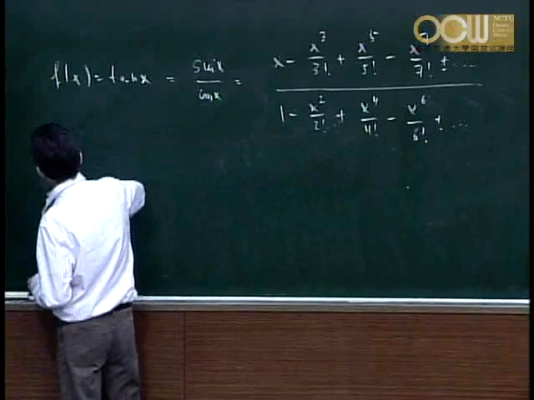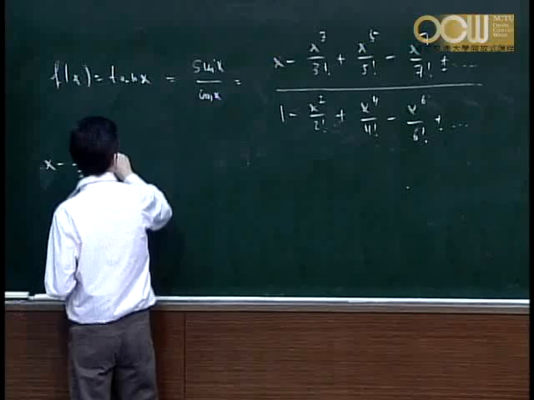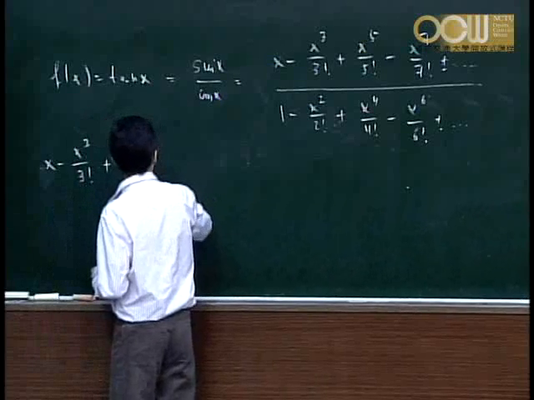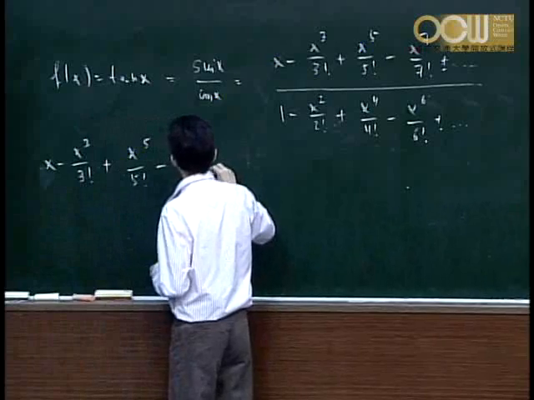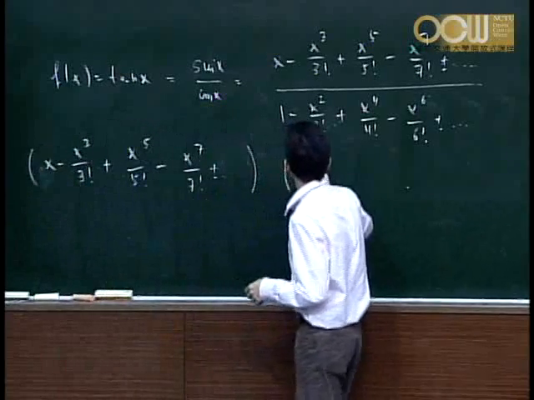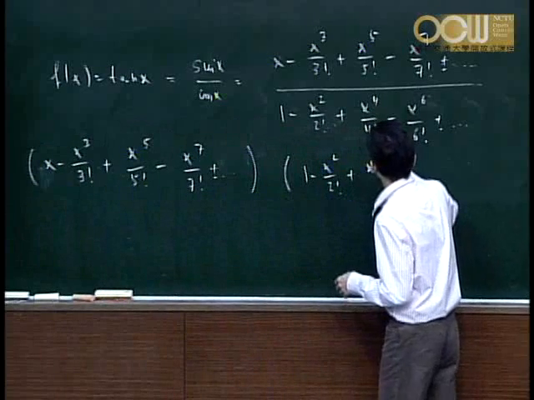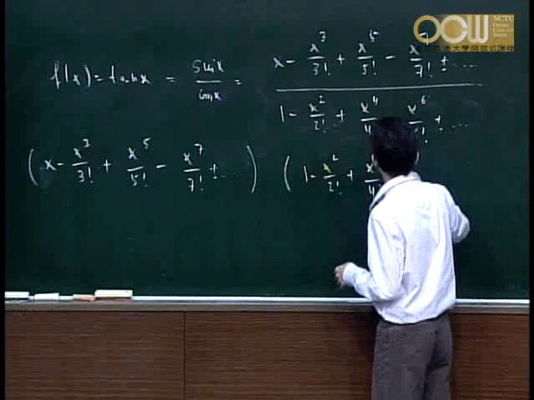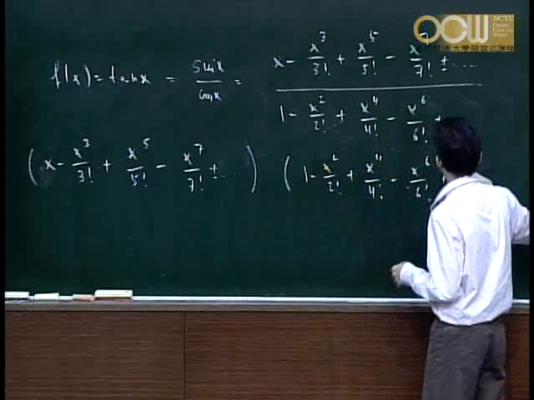I write here the first one like this, plus x to the 5th over 5 factorial minus x to the 7th over 7 factorial, and so on. And just take the whole thing and divide it by 1 minus x squared over 2 factorial plus x to the 4th over 4 factorial minus x to the 6th over 6 factorial plus minus, and so on.